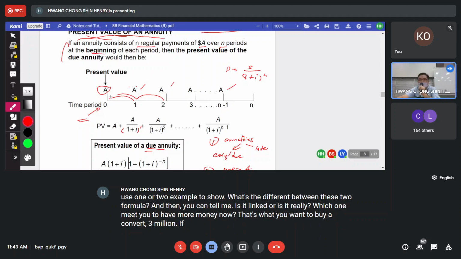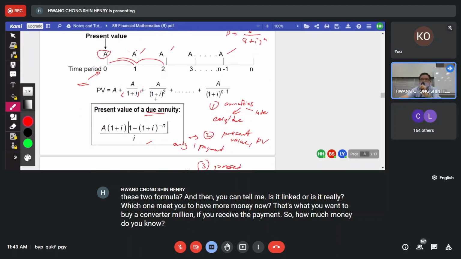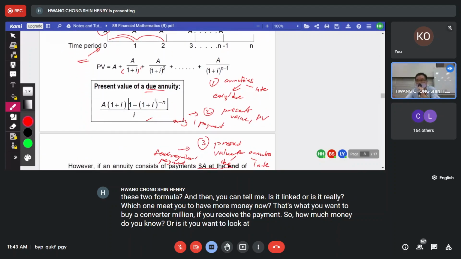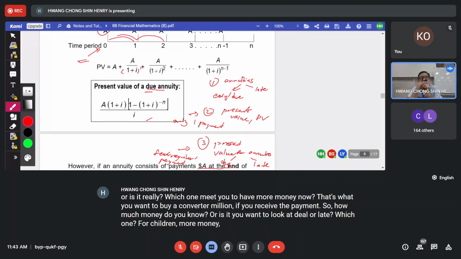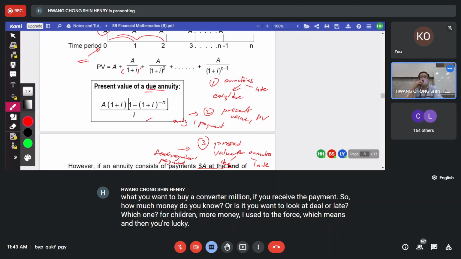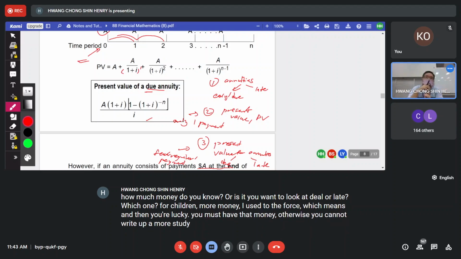If you receive the payment A amount, how much money do you need to have now? Or do you want to look at due or late? Which one forces you to have more money? I use the word force, which means whether you like it or not, you must have that money. Otherwise, you cannot buy a bungalow or cannot study in Australia, and so on.